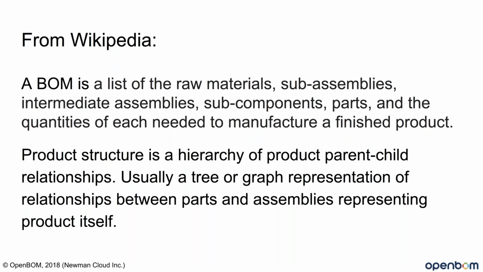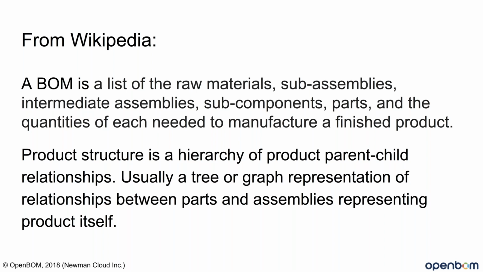Okay, let's get a few definitions out of the way here. First is from Wikipedia. I just like to have everyone understand the definition of bill of material. So I'm going to read this first one here.